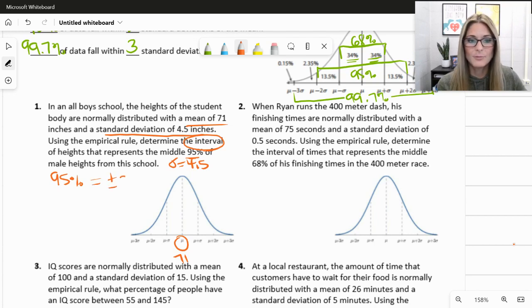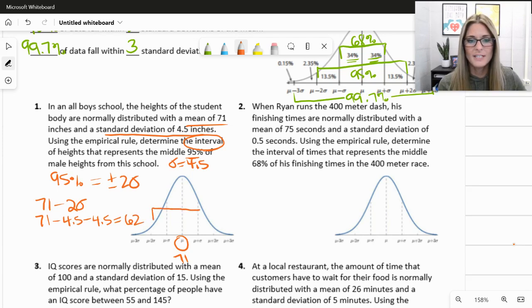95% is when I add and subtract 2 standard deviations from the mean. So if our mean was 71 and I subtracted 2 standard deviations, that would look like 71 minus 4.5 and a second 4.5. That would give me 62.